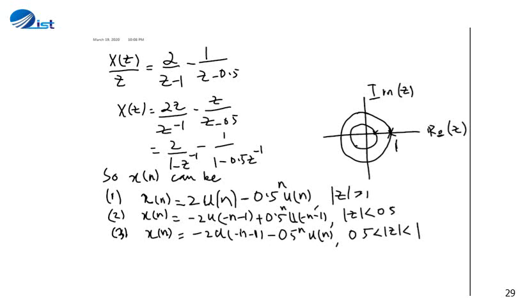Or it can be between the two circles in the form of a ring, in which it will be a two-sided sequence. So from here you can see that we have one expression, but depending upon what ROC we are taking, the overall inverse z transform would give us different time domain functions.